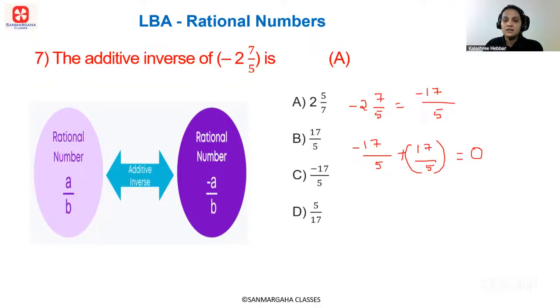If you add plus 17 by 5 to minus 17 by 5, you get the answer as 0. It will be the negative of that number or positive of that number. So the correct answer is B, that is 17 by 5.